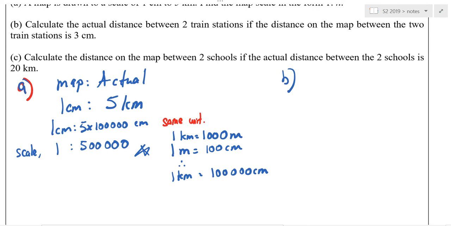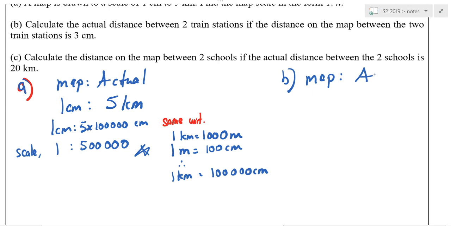What do you think? Which one is easier to use? The one given, yeah, the number is smaller, easier to manage. So can you write down map is to actual? Can you write down 1 cm is to 5 kilometer?